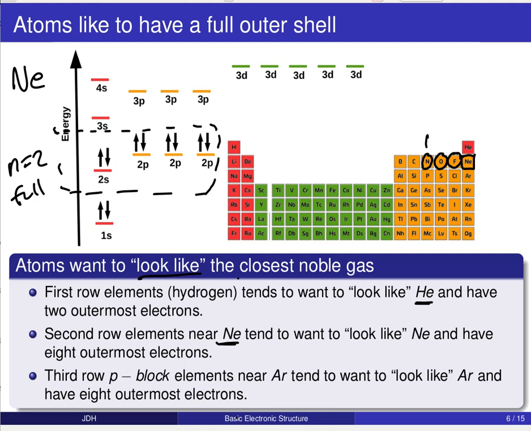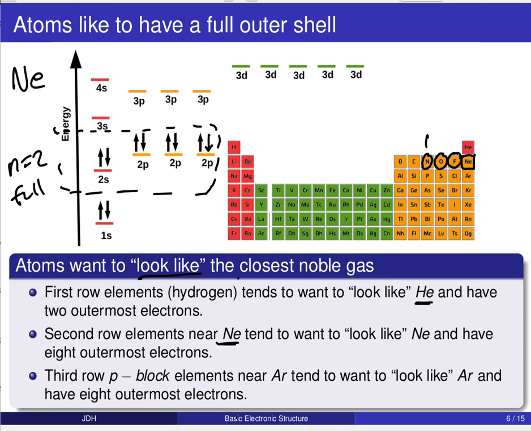So for example, if we took the electron configuration for fluorine, then we would say, well, in order to look like neon, I would have to add an additional electron. Okay, so the same sort of argument holds for these other elements.